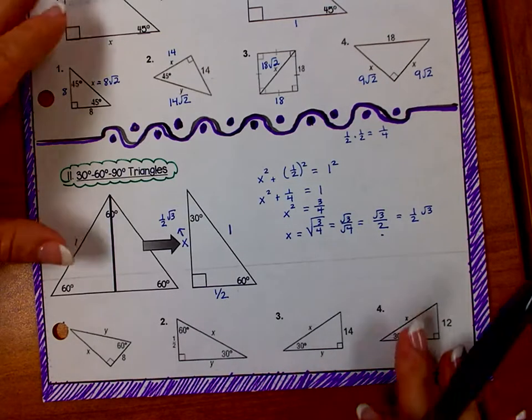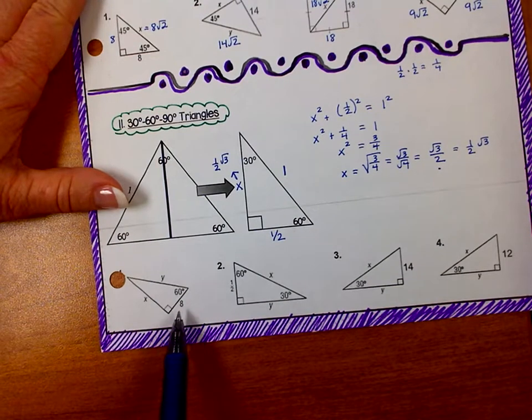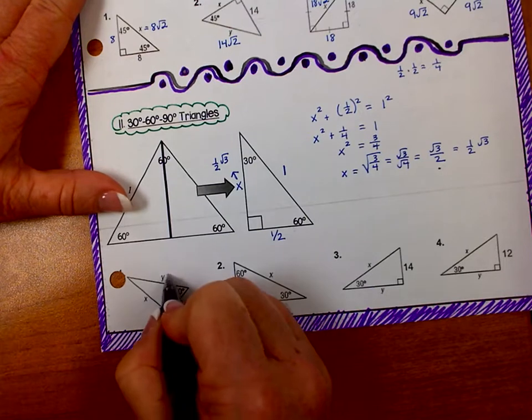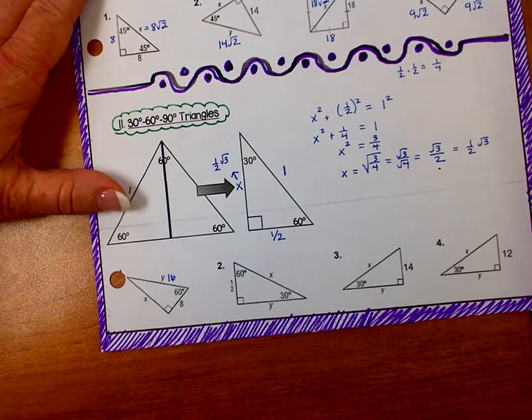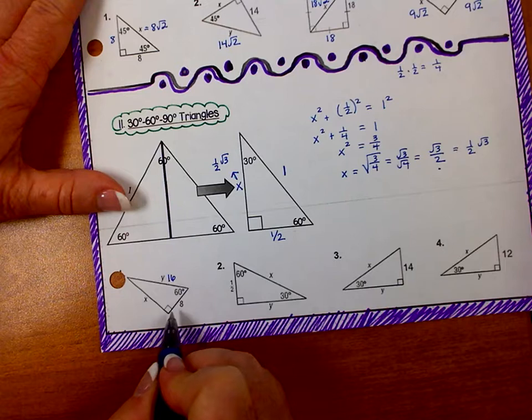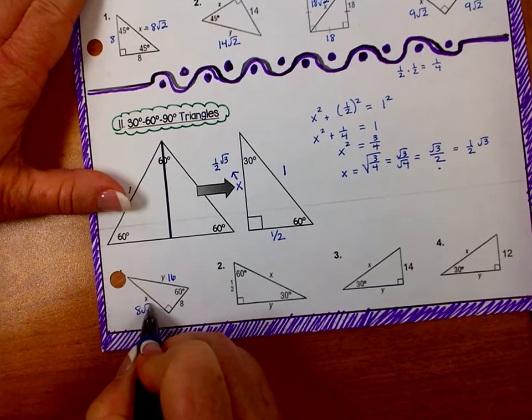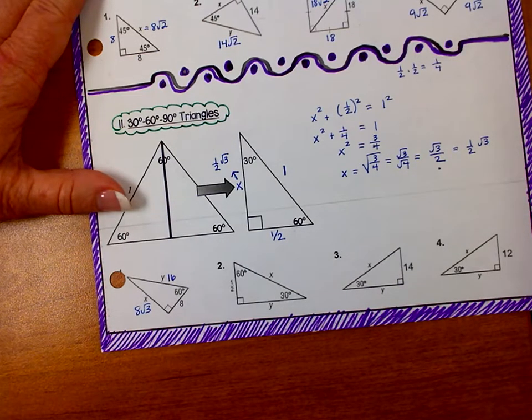Okay, let's look at some examples. So in the first one, we have the shorter leg, which is 8, so we can double it to get the hypotenuse, which is going to be 16, and we're going to multiply the shorter leg by radical 3 in order to get the longer leg.